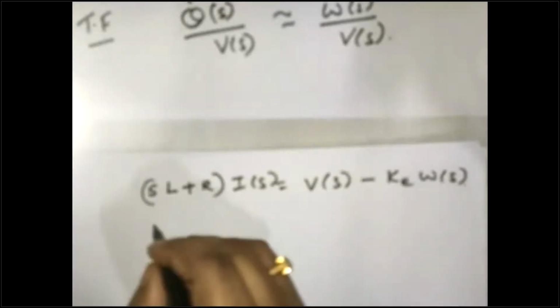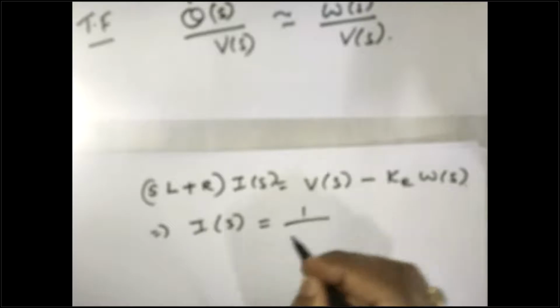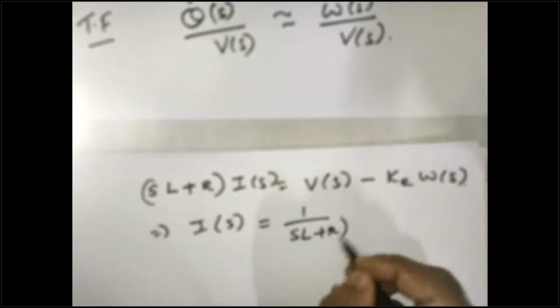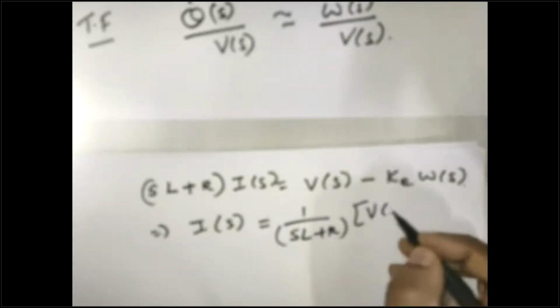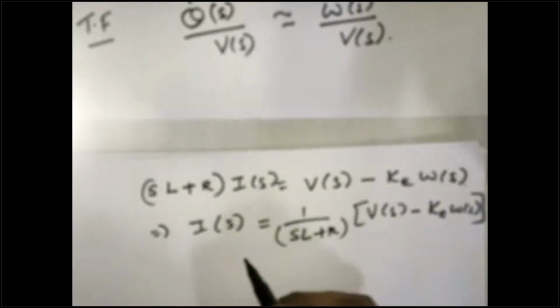So what will be my I of s here? I of s equal to 1 by (sL plus R) into (V of s minus K_E omega of s). Okay, so this is my I of s expression.